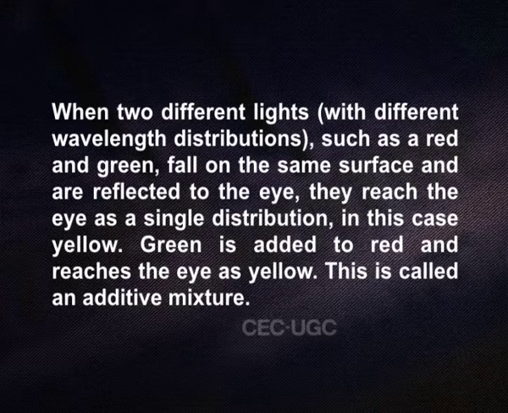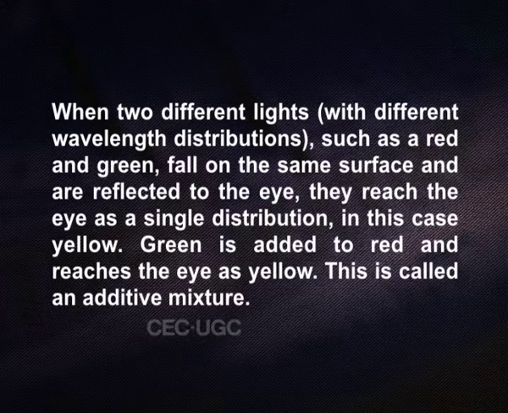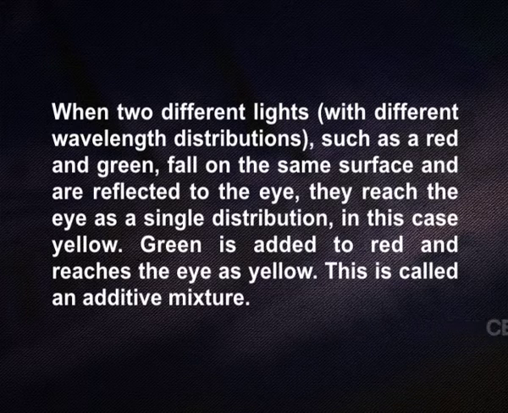If a transparent green filter were placed in the path of the red light, then red would be absorbed by the green filter and nothing would be transmitted. When two different lights with different wavelength distributions, such as red and green, fall on the same surface and are reflected to the eye, they reach the eye as a single distribution.